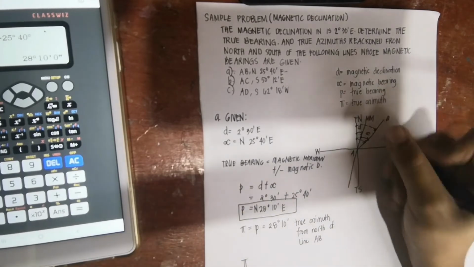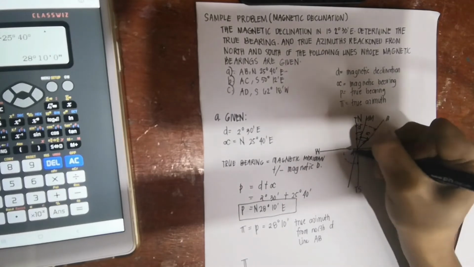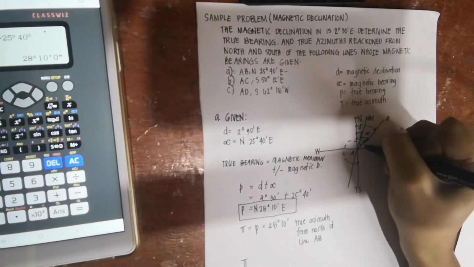Next, we need to identify from south to line AB.